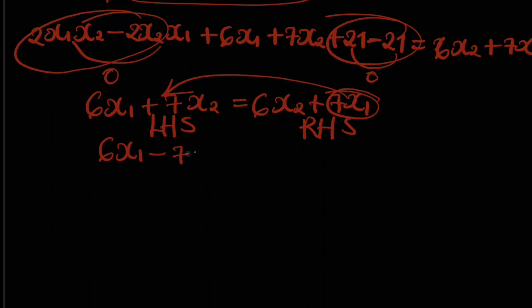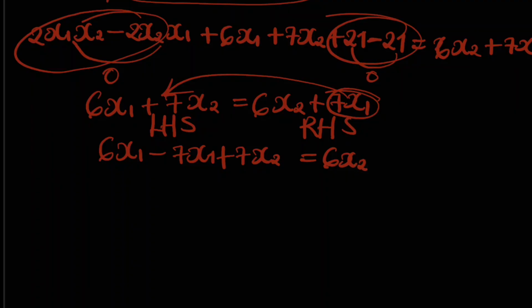So we have minus 7x1 equal to, we still have a 7x2 there, plus 7x2 equal to 6x2. Okay, so we also send this way.